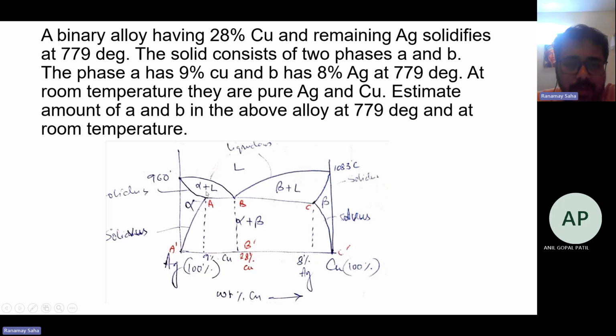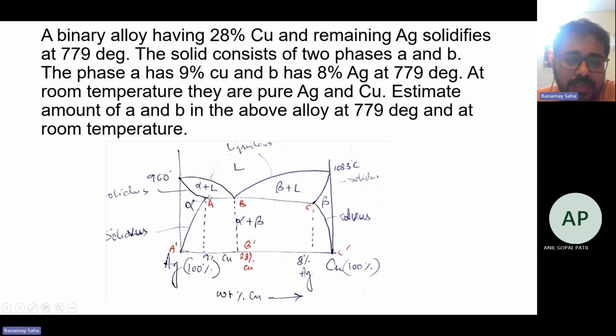Now these points are A, B, and C, depending on the various composition of copper, or you can alternately say silver, of the particular alloy. So silver is 100% here, pure silver, and it goes on reducing as copper goes on increasing and becomes maximum at 100% at the rightmost point over the abscissa.